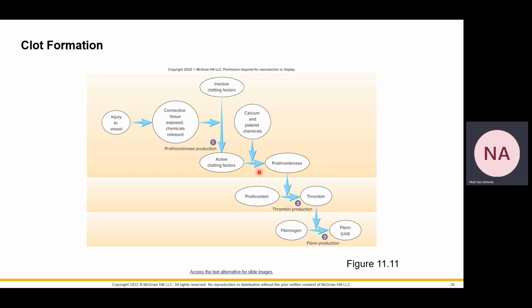So basically, this is the cascade that I am telling you about. As you can see, what is the most important or last step? Fibrin production, because that forms the clot. And the triggering factor is the injury to the blood vessels. Okay? So these are the steps involved in blood clotting.